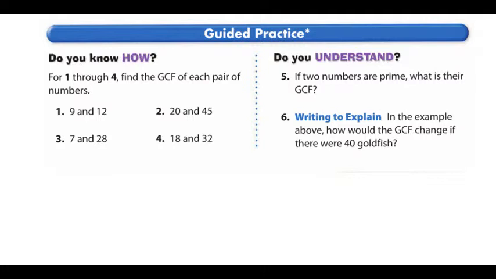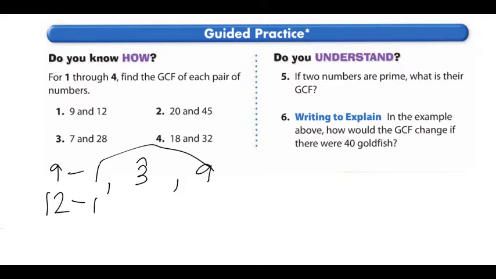Number 1 on page 232, 9 and 12. So I need to find factors for 9 and 12, the greatest common factor. I'll just line them up here. So I'll say 1 and 9. Okay, and then I know 3 times 3 is 9. So obviously only 1, 3, and 9. Okay, 12, we've got 1 and 12.